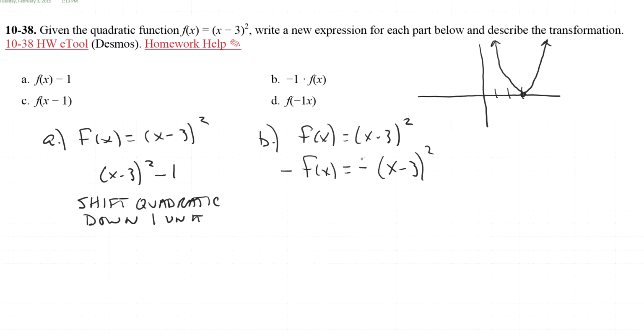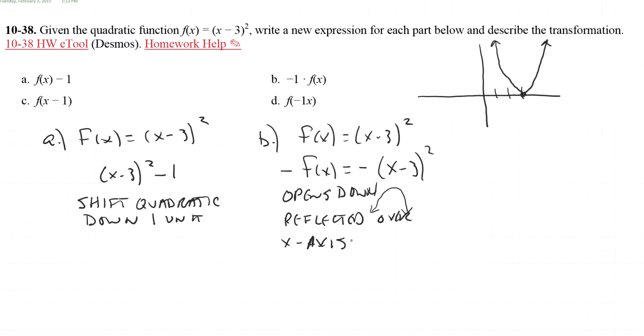Well, you all know that when the quadratic is negative, we're going to get this graph that opens down. So we can say opens down. And another way to say this is it would be reflected over the x-axis.